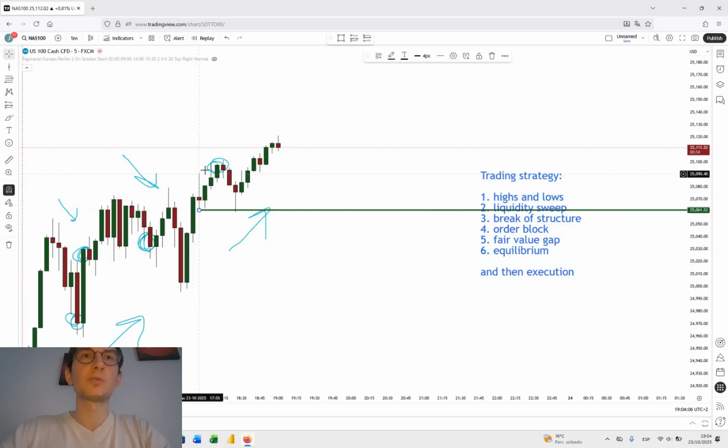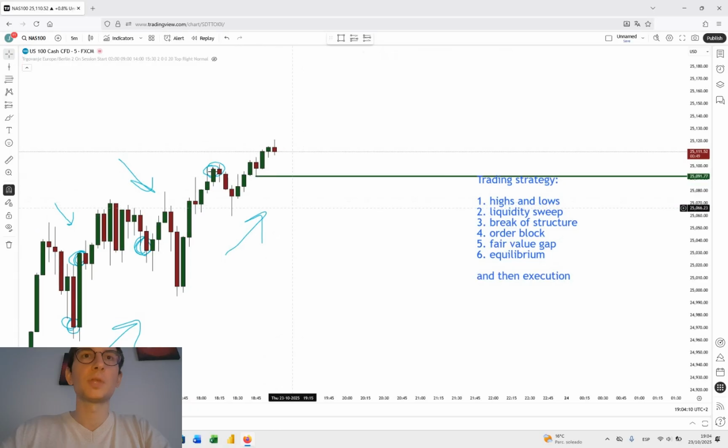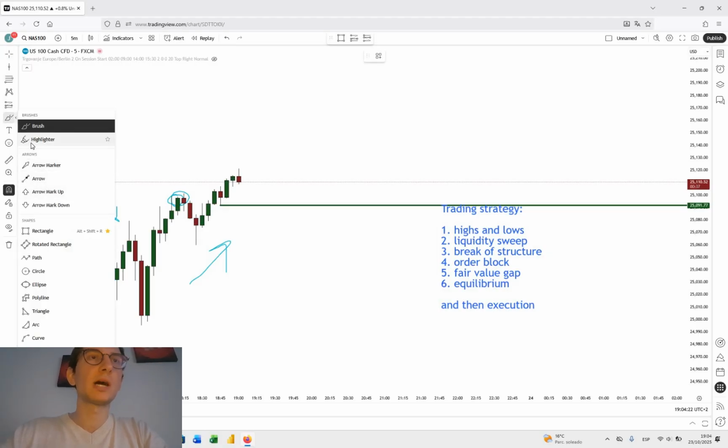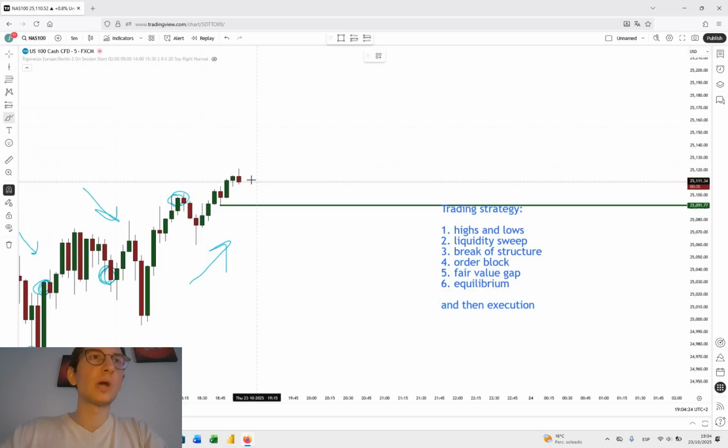Okay, so now we have to swap, and now we are measuring the lows, low, low, low, and right now we are in a bullish trend. Why? Because we still haven't closed below this line. So now let's imagine what will happen when we want to have a bearish trend again.